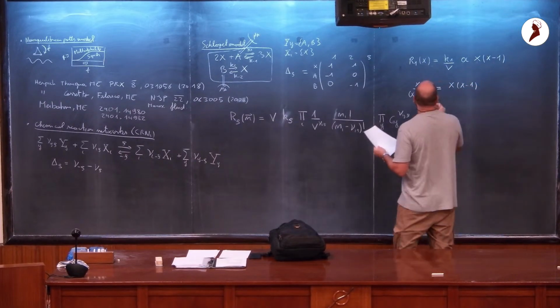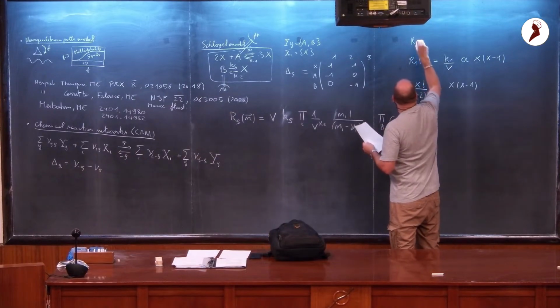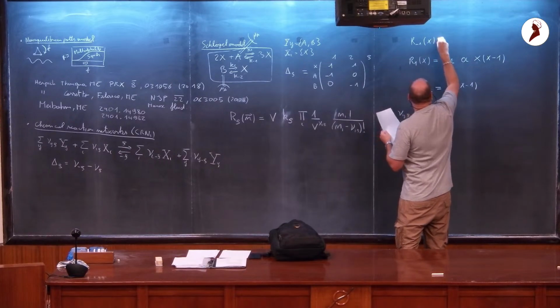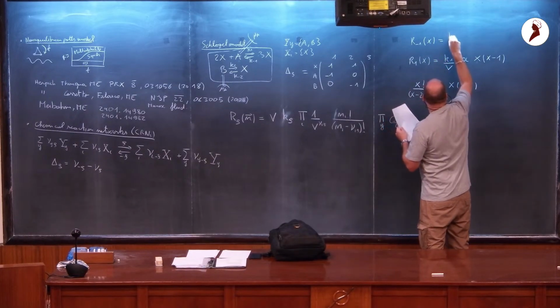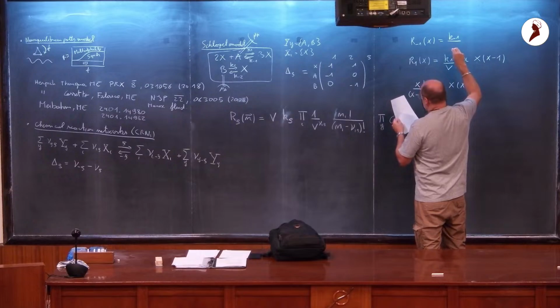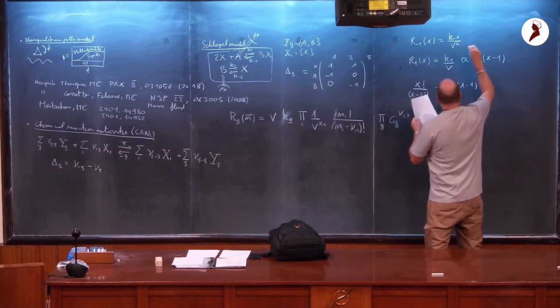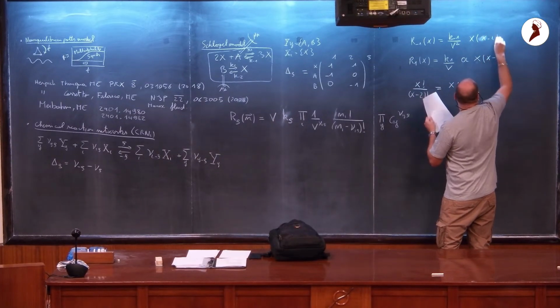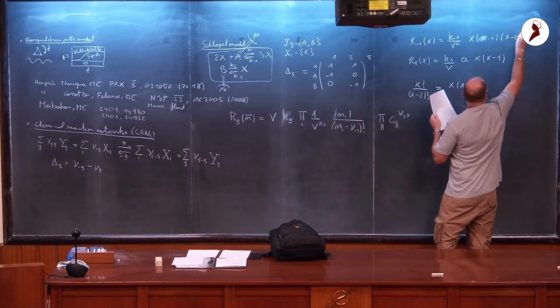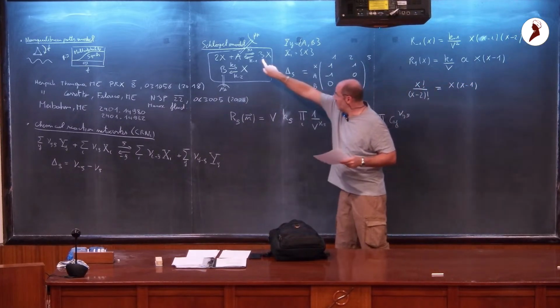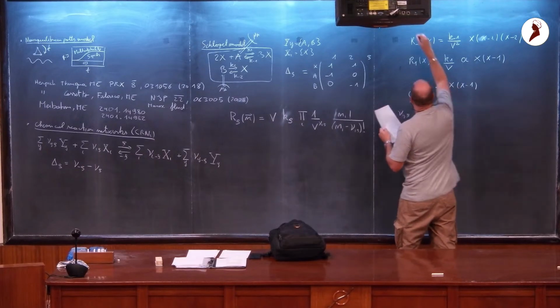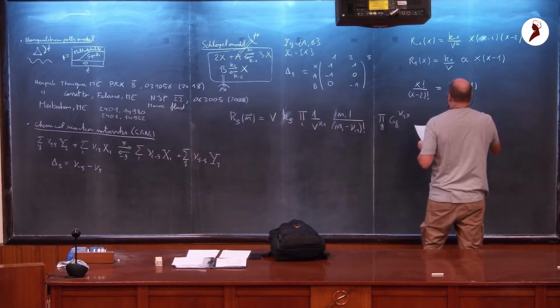I will not do all the rates, but you can check. For this one, you will get k minus 1 divided by v squared times x, x minus 1, x minus 2, because now we have a stoichiometric coefficient 3. Let me write this here.